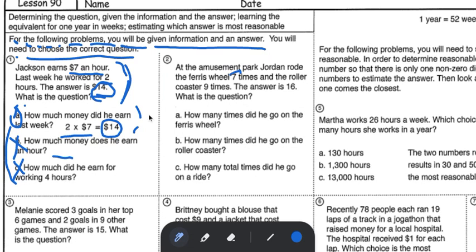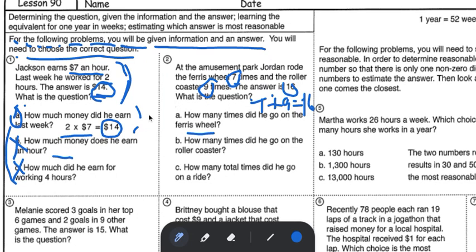Well, I can tell by looking at it right away that 7, 9, and 16, that 7 plus 9 is equal to 16. So it's got to be putting the Ferris wheel rides and the roller coaster rides together. How many times did he go on the Ferris wheel? No, he went on the Ferris wheel 7 times, not 16.